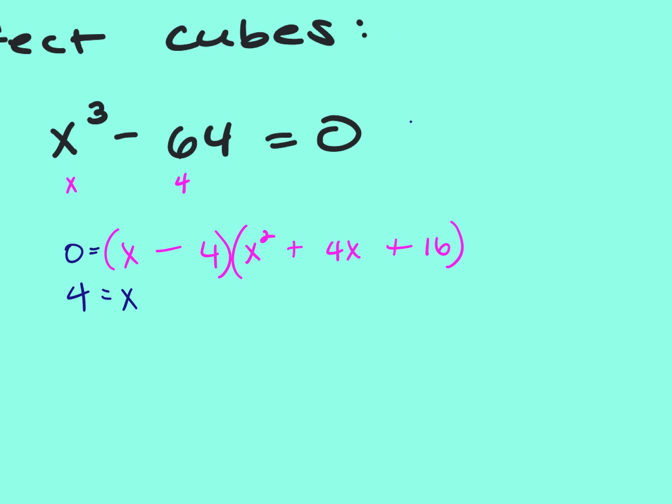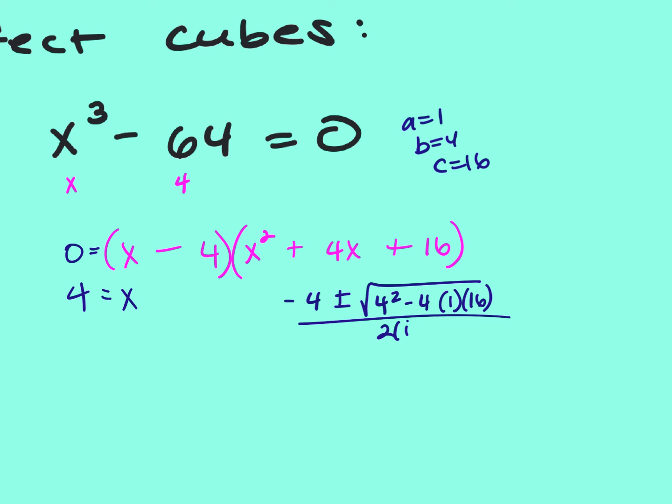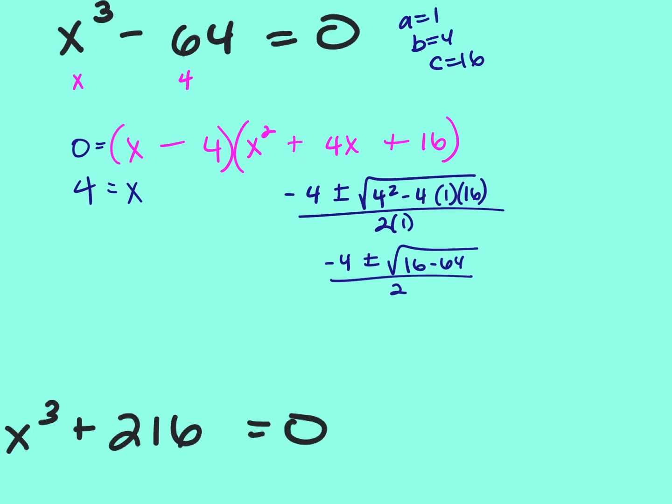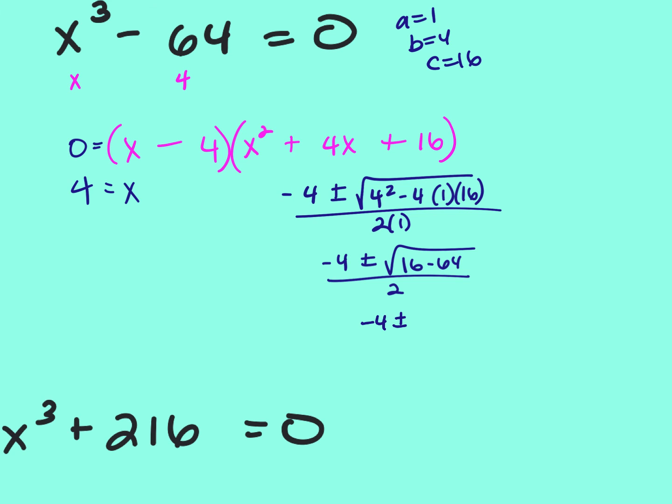Okay, so A is 1, B is 4, C is 16. Negative B plus and minus the square root of 4 squared minus 4 times A times C over 2 times A. And there's my imaginary root.